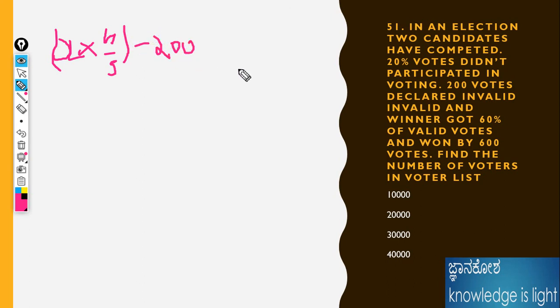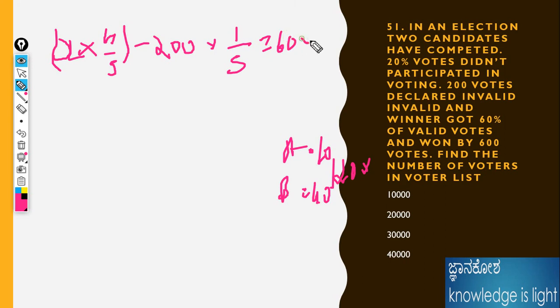The winner A got 60%, which means B definitely got 40%. What is the difference between 60 and 40%? 20%, isn't it? 20% means 1 by 5, then 1 by 5 of the amount is 600, isn't it?